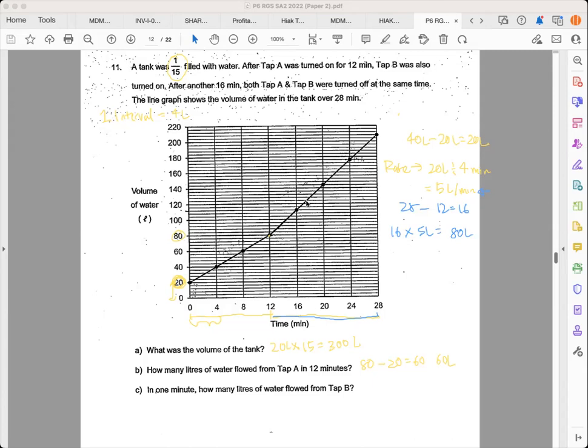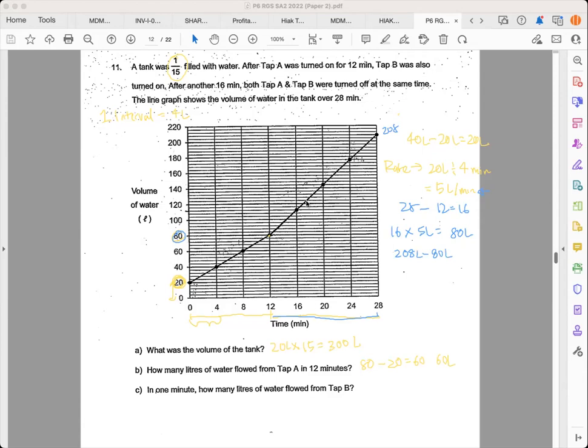If you look at the graph, from the 12th to the 28th minute, the total volume of water that goes in from both taps is from 80 all the way to here. If you extend it to the left to look at the scale, it is 208. So the amount of water that flows in from both taps will be 208 liters minus 80 liters.